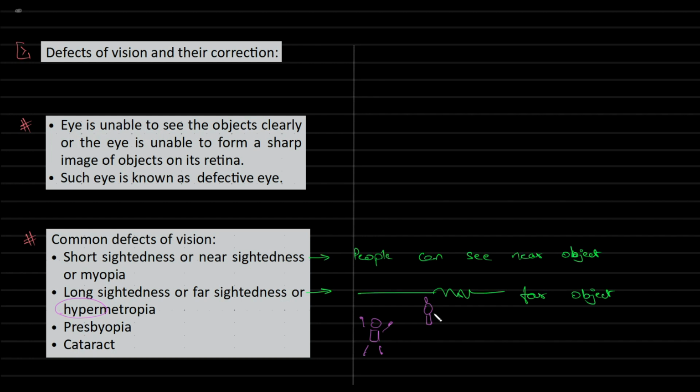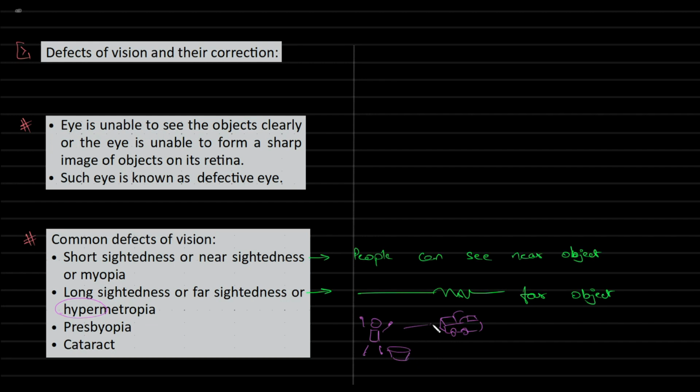Let me draw a small car, I guess. Yeah, that's a decent one. So if there is something near them, like a vase which can fall off, they don't see that.